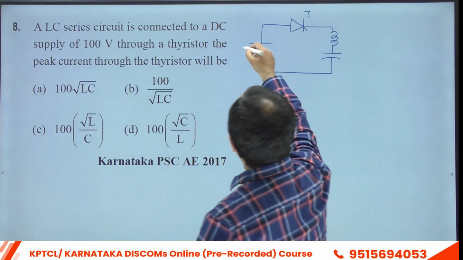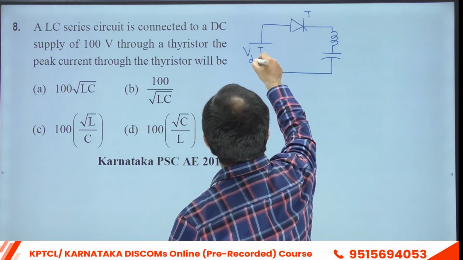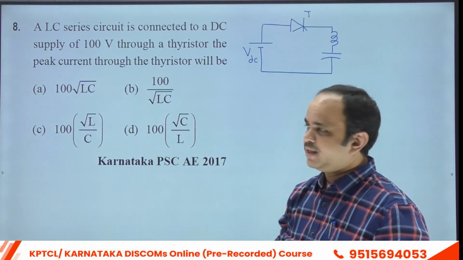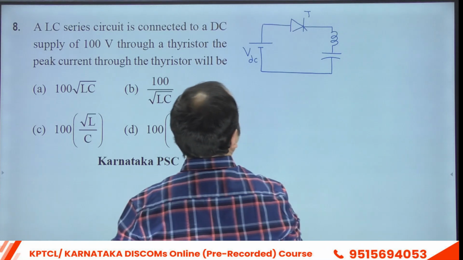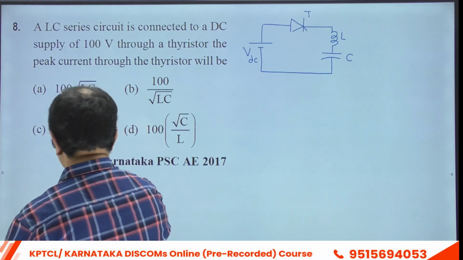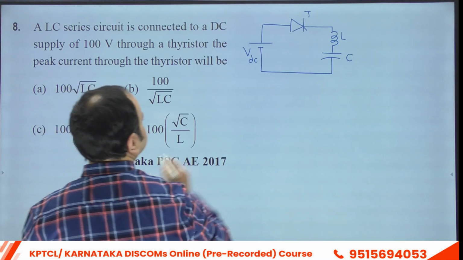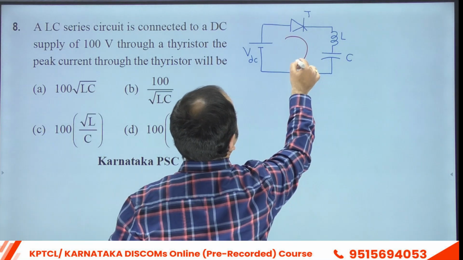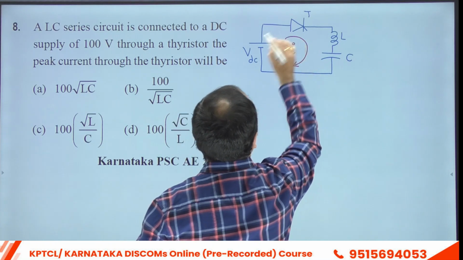Let us say the source voltage is VDC. So when SCR is turned on, how can you express the equation for current? Let us say this is a current I.